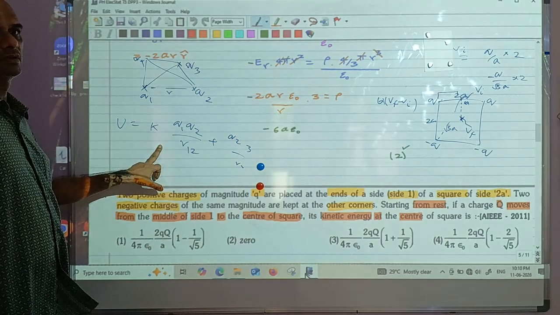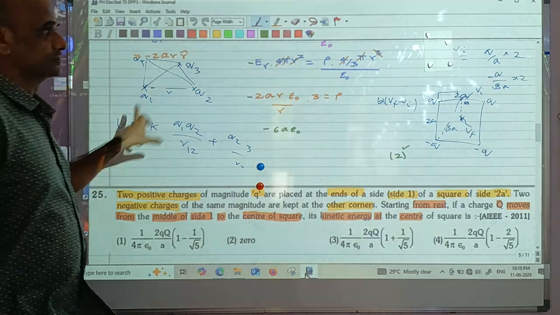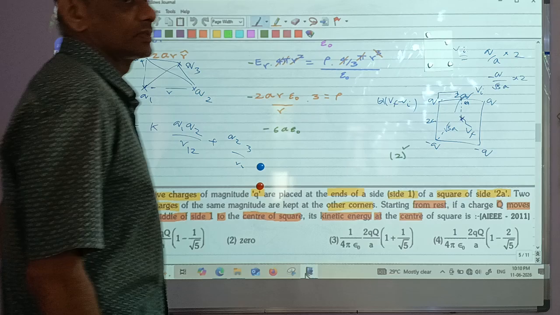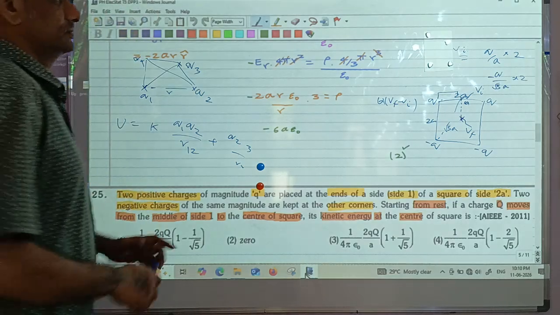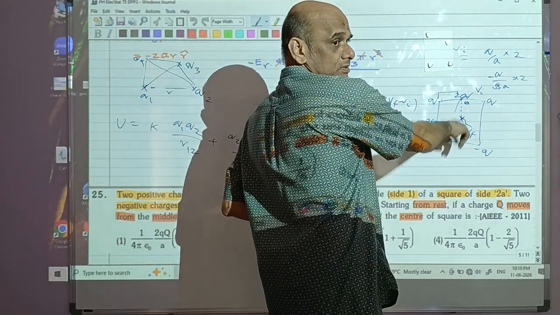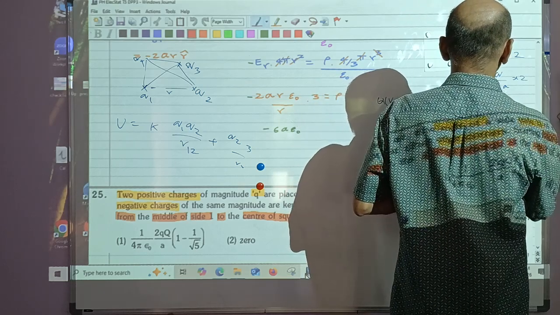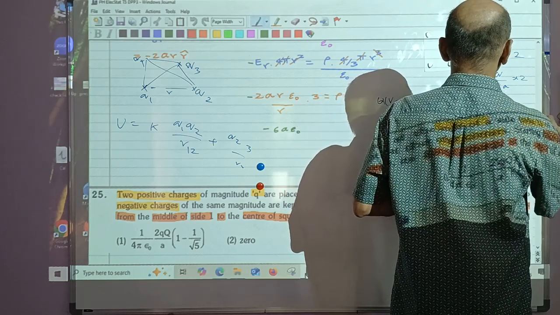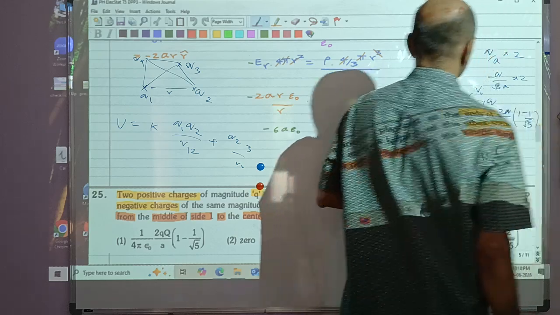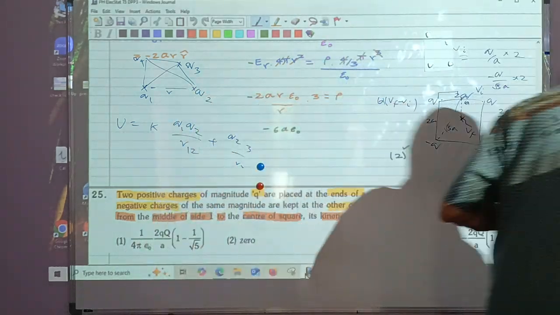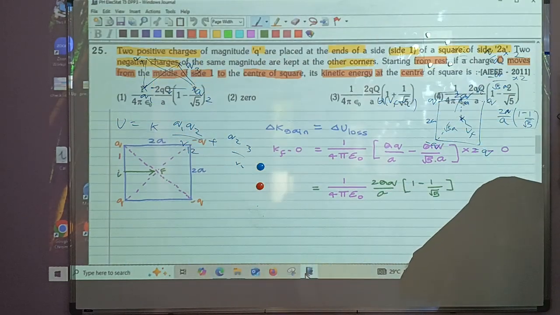You just find the potential. V final is 0. இதை simplify பண்ணோம். So 2Q by A is 1 minus 1 by root 5.